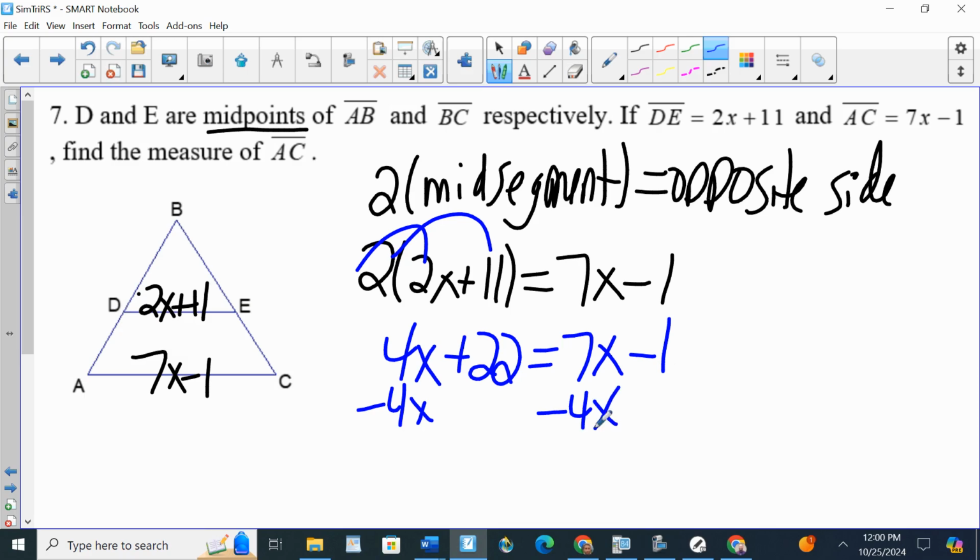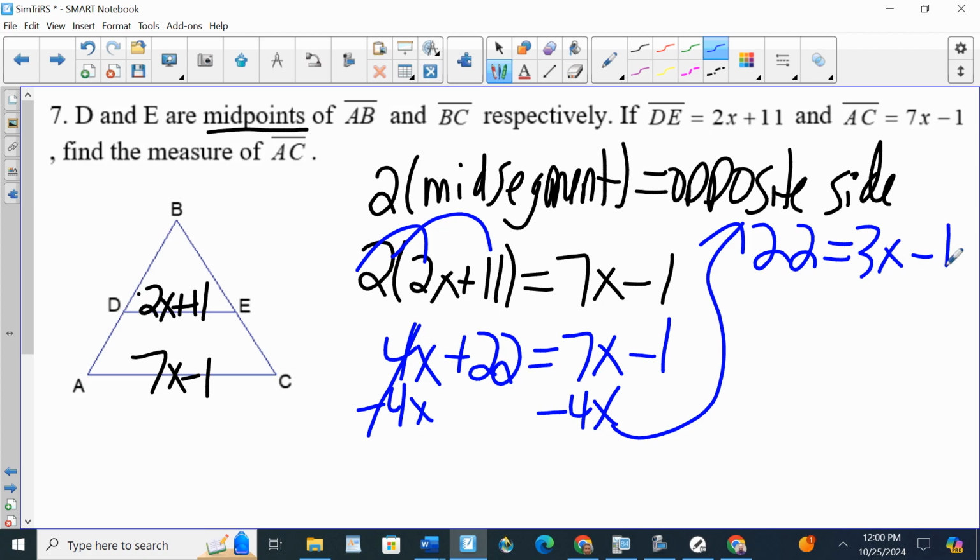And now I do the algebra. If you can't do the algebra, use the equation solver. Something's not right here. Did I make a mistake? Let's just keep on rolling with it. 2 times (2x plus 11) equals 7x minus 1. 23 equals 3x.